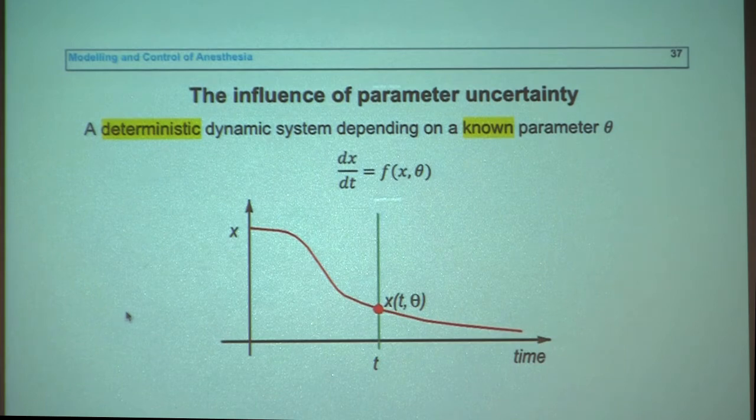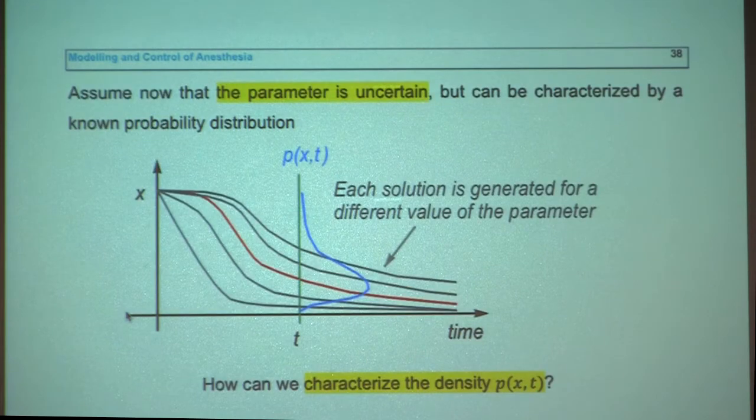Of course, if x has more than one component, then this is in a three-dimensional space. So at time t, you get an x of t. Okay? If theta is different, you get a different curve. But in each case, you know exactly what happens. Now, suppose that you start always from the same initial condition, but sometimes you use one value of theta, sometimes you use another. So you get a family of curves.